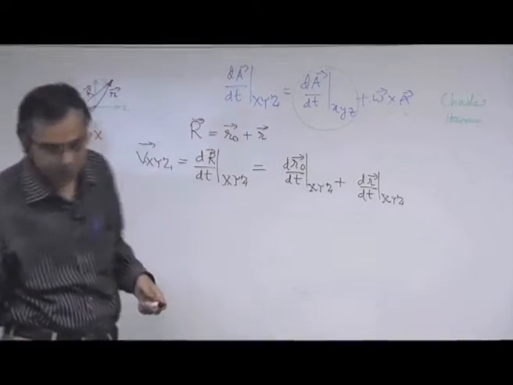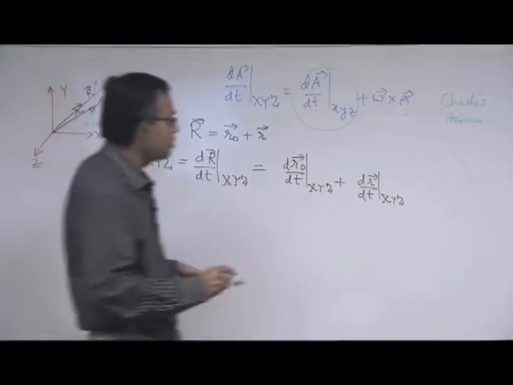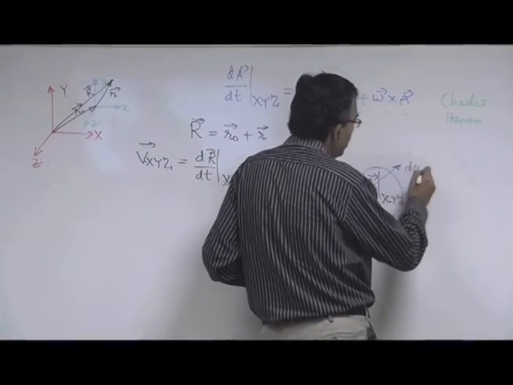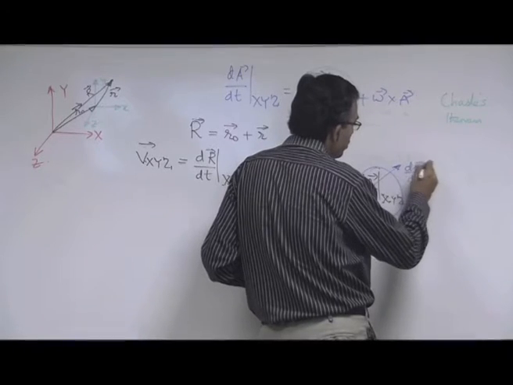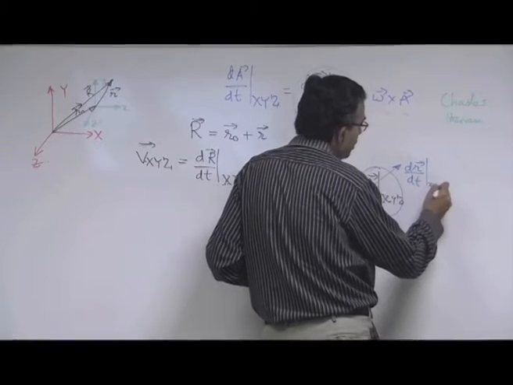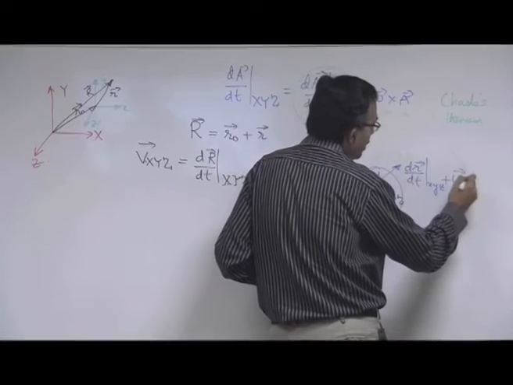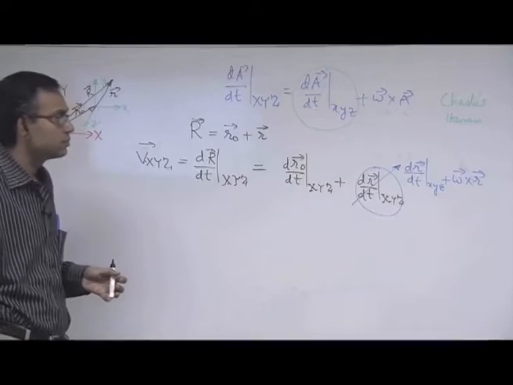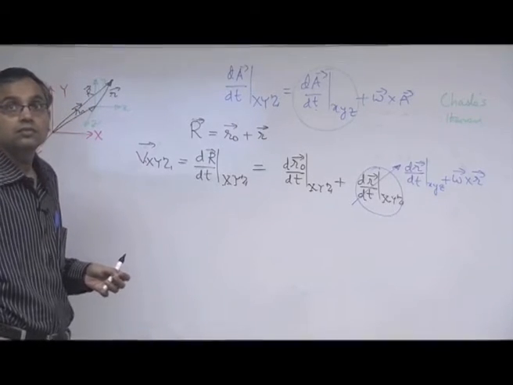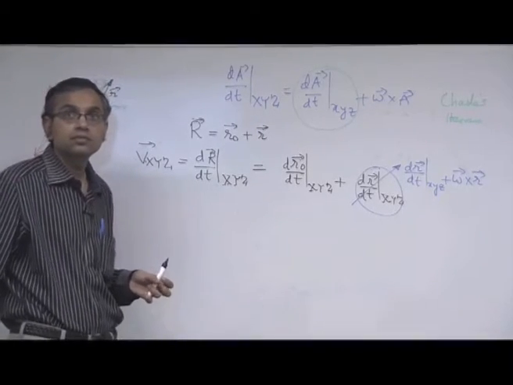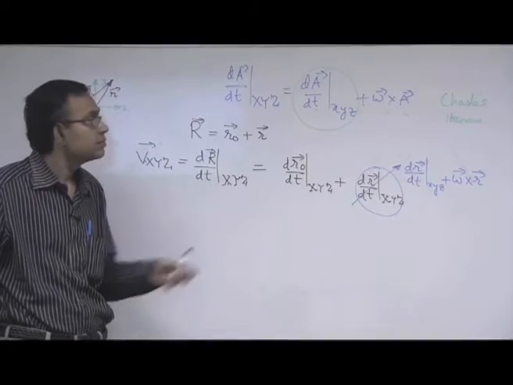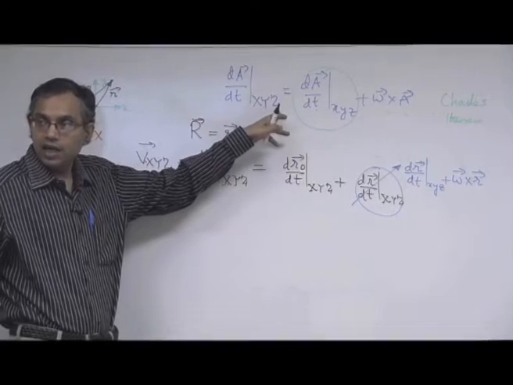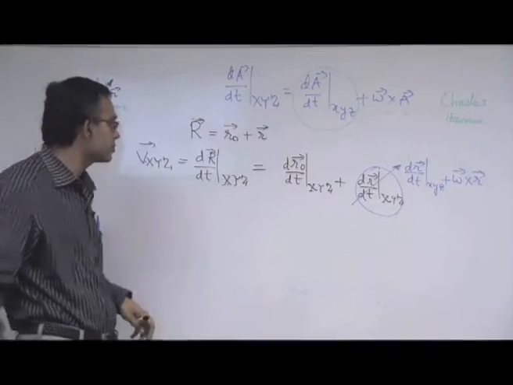So if you replace capital A with small r, then this is dr/dt with respect to small xyz plus omega cross r. Right? We have just used this formula, replacing A with small r.